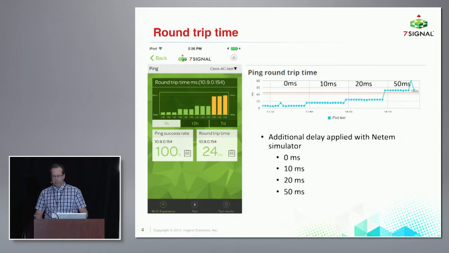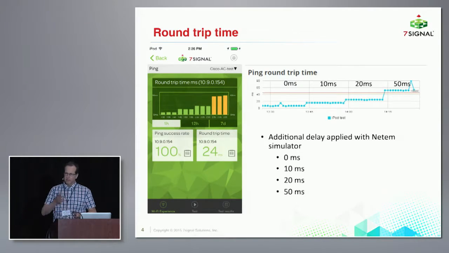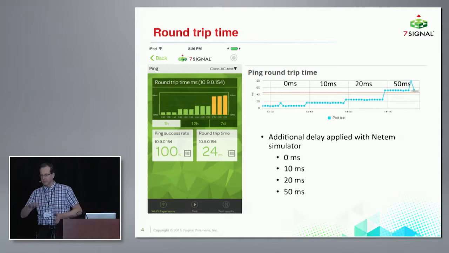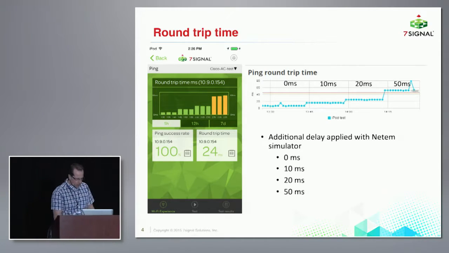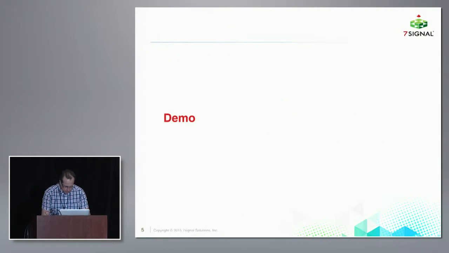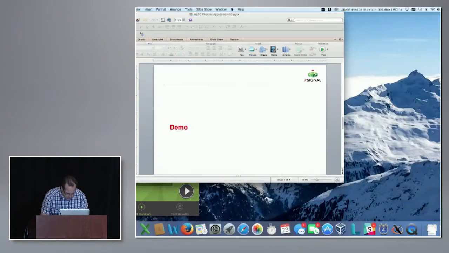Another measurement, similar, here is a round-trip time measurement. We varied artificially the delay in the measurement path, and you can see it follows quite nicely. I guess this is not really a calibration, but it's a proof that it actually measures rather accurately the network performance. Okay, so much about the slideware.